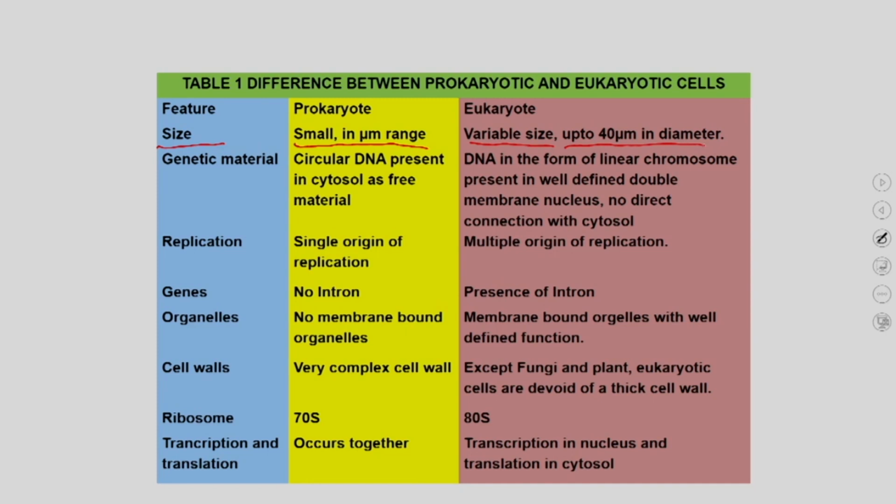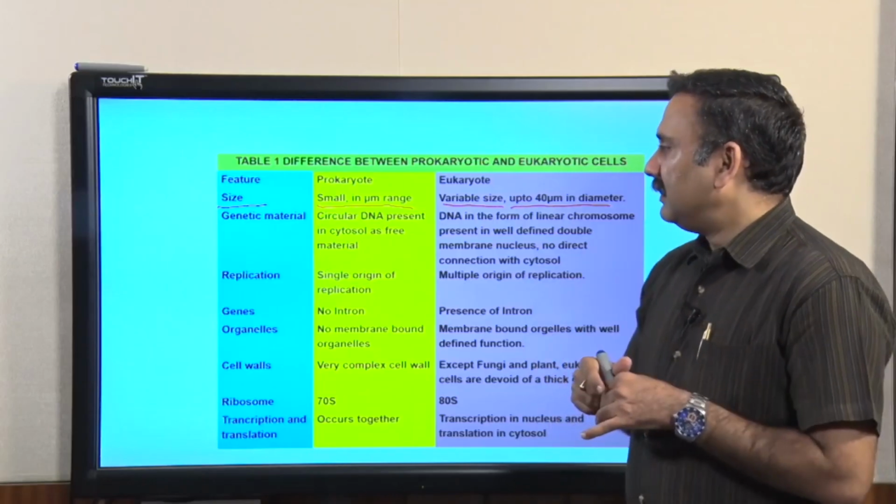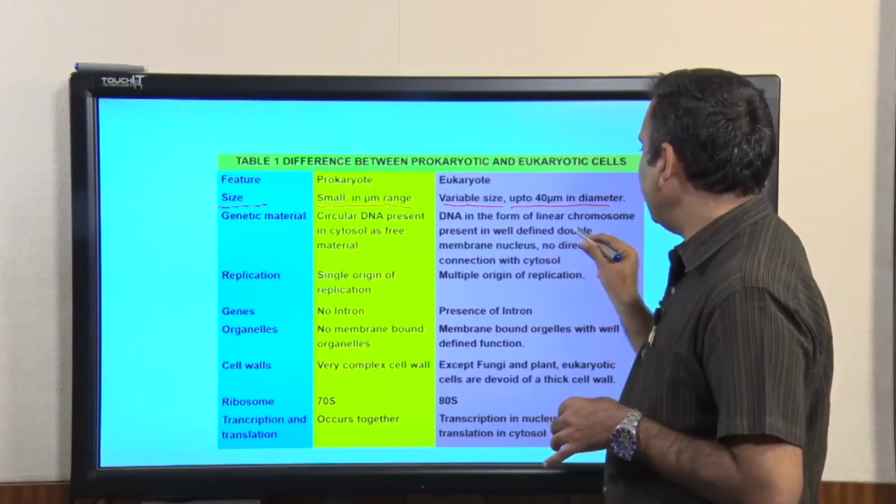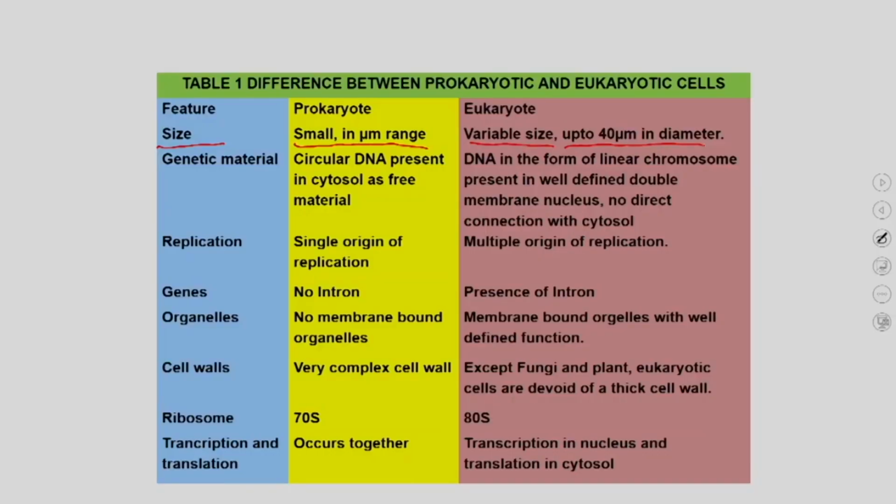Then for the genetic material, the prokaryotes have a single circular chromosome, whereas the eukaryotes have the DNA in the form of linear chromosomes, and these chromosomes are arranged inside a double membrane organelle that is called the nucleus. Apart from the circular DNA, the prokaryotes will also have extra chromosomal DNA, and that is called the plasmid.